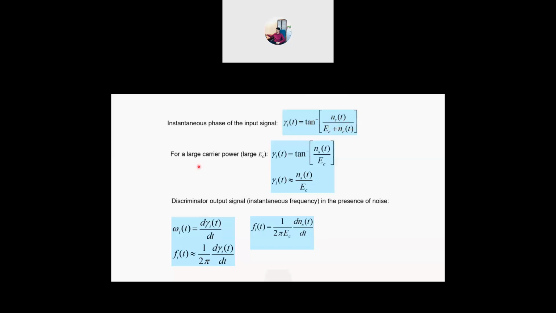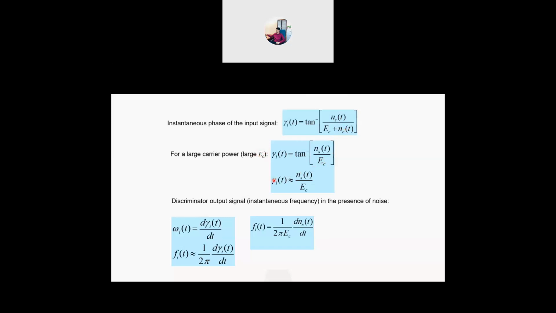For a large carrier power, if we have a large Ec, gamma(t) is equal to tan inverse of this. We remove this Nc(t) in the event that Ec is very large, until this Nc(t) noise component is negligible. So we can put only Ec here.